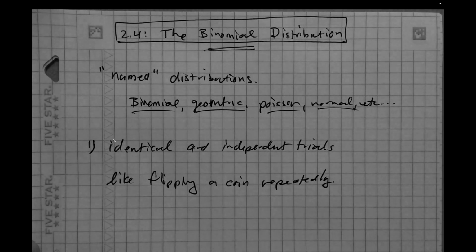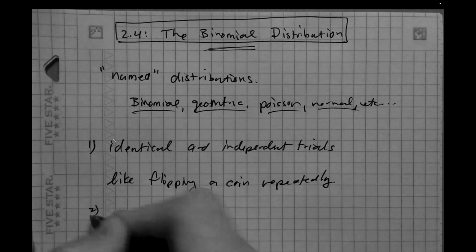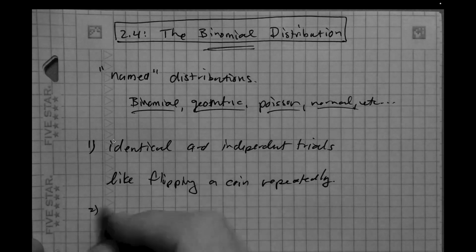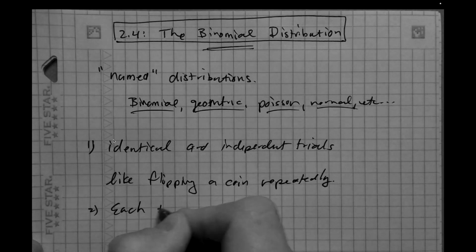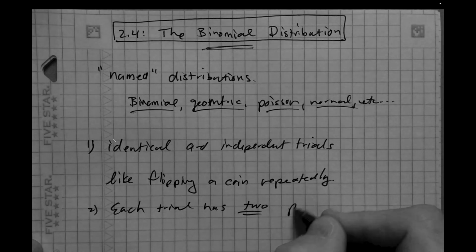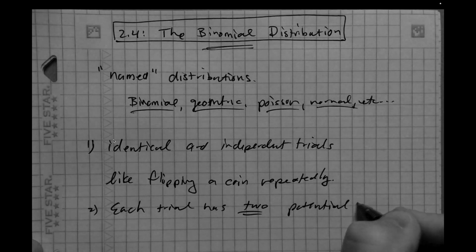In addition to having identical and independent trials, the binomial distribution requires that each trial has two potential outcomes.